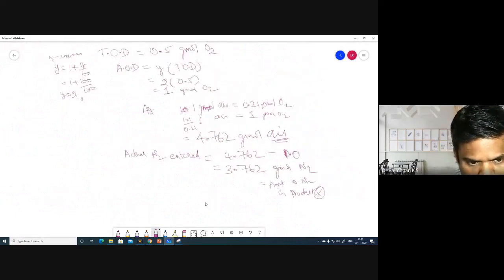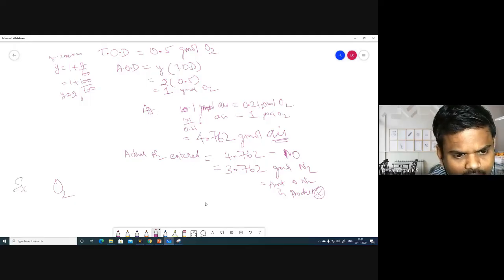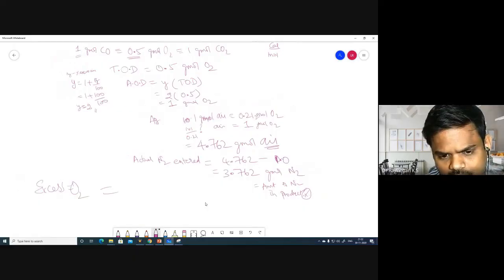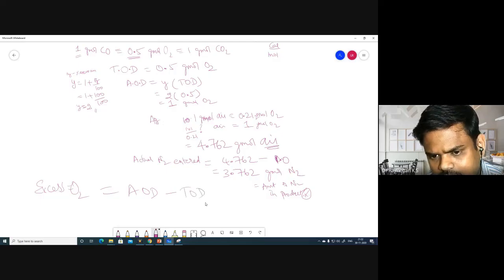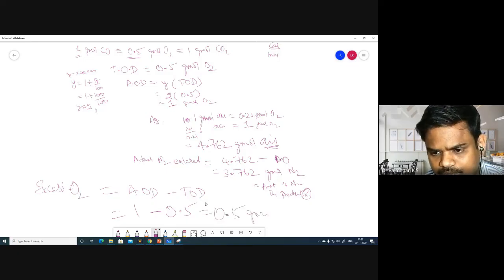The excess oxygen, I can say directly, is equal to actual oxygen entered minus theoretical oxygen. Actual oxygen entered is 1 mole. Theoretically we want only 0.5, so the excess amount is 0.5 gram moles of oxygen.